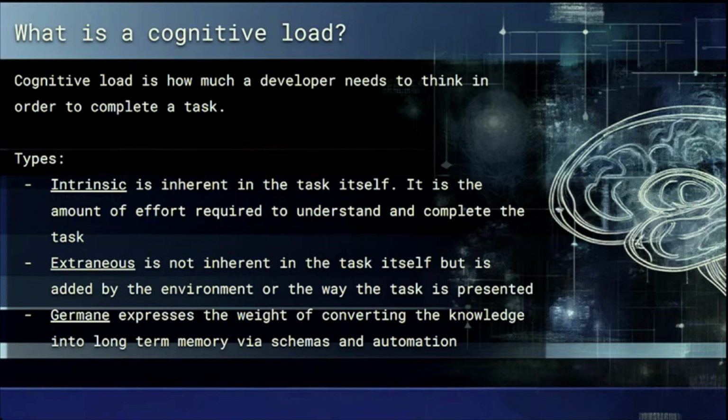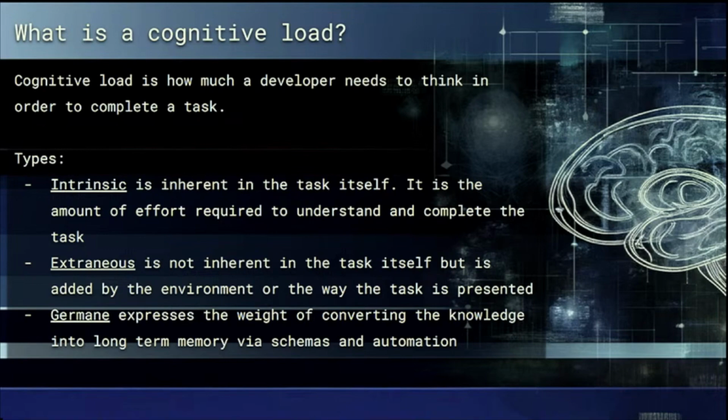In terms of types, mostly you will find two types while looking for the cognitive load subject. But there is a third one, and actually the third one causes the majority of discussions and questions regarding this topic. So you're going to disagree with some examples that I'm going to show because of this third one.